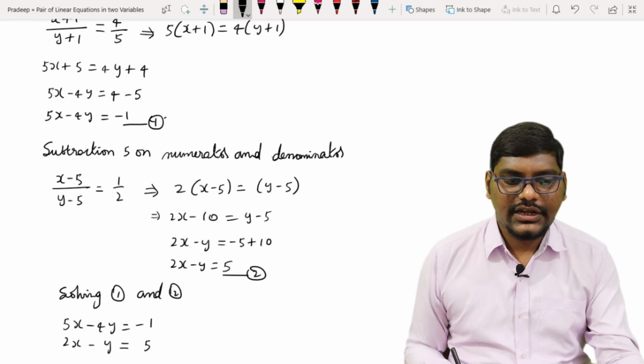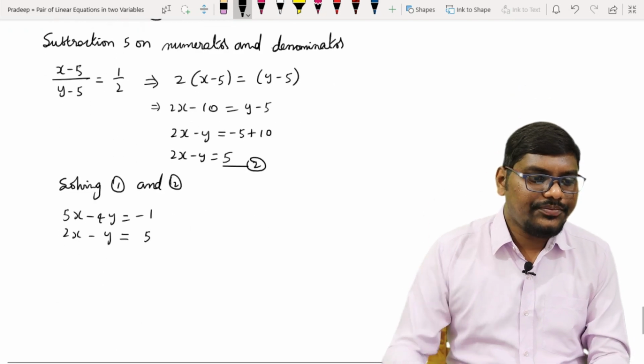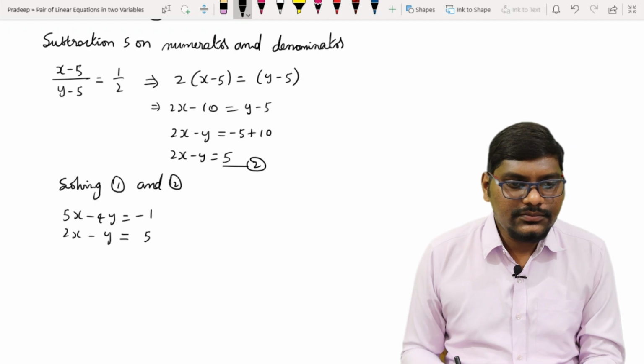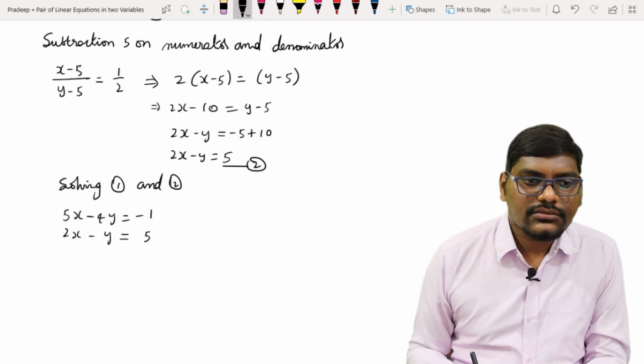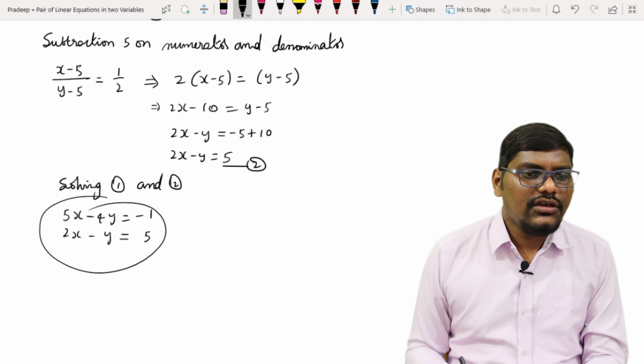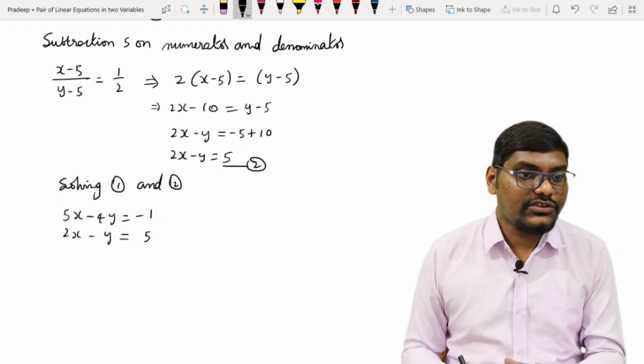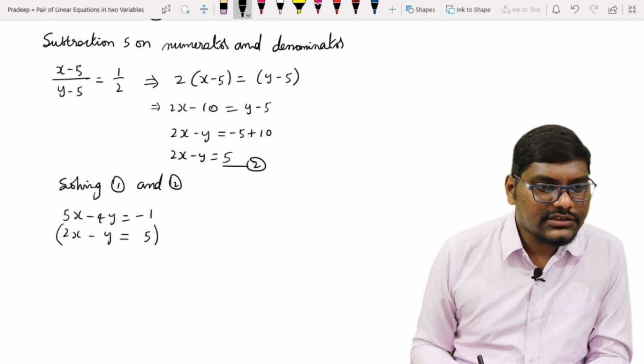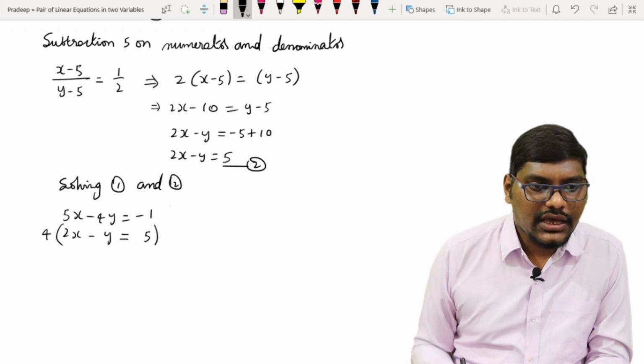Once we solve them, we'll get the answers. The coefficients are not equal, so first we have to make them equal. For that, I'll multiply the second equation by 4.